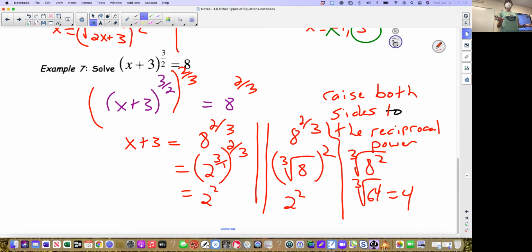Whichever way makes sense to you. These are all perfectly valid. This is the most traditional way, the one in the middle, but the other 2 ways are great. Can you do that for any fractional exponent, like if it's 2 to the 4th, you could take the 4th root of it and multiply it by 2? Well, no, because the 8 is in the 4th root, so that won't work so well.